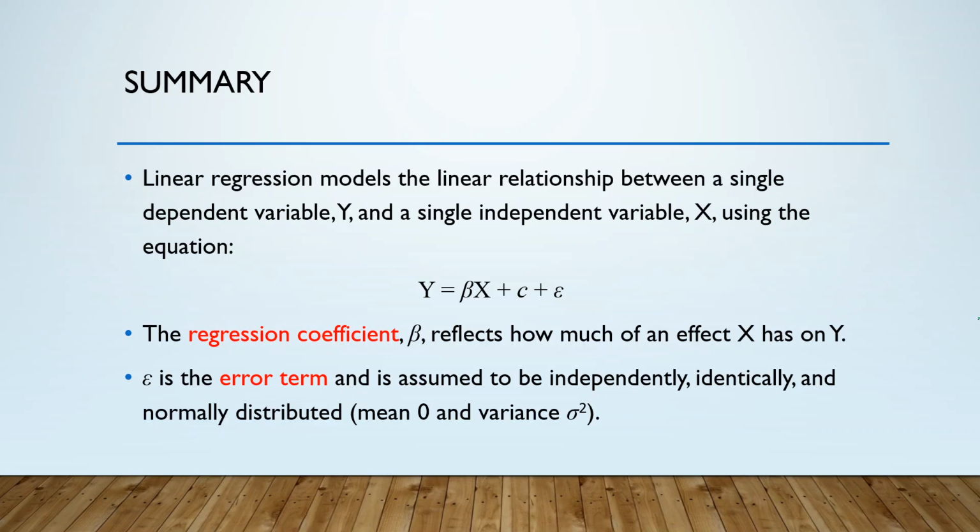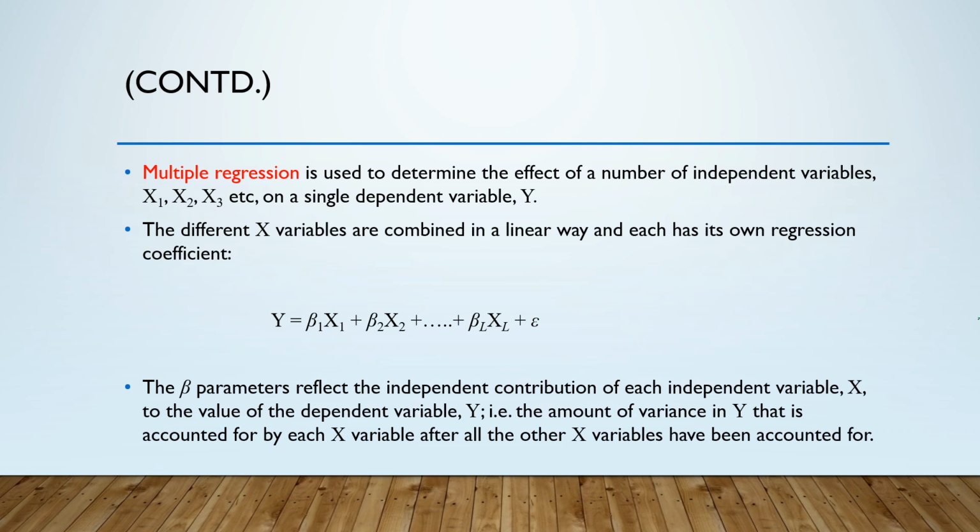What is the regression coefficient? Beta is the regression coefficient. So each of the x has its own regression coefficient. So what will be the equation? y is equal to beta 1 x1 plus beta 2 x2 up to beta n xn plus epsilon.